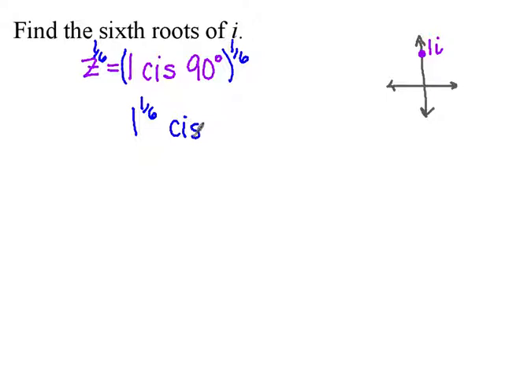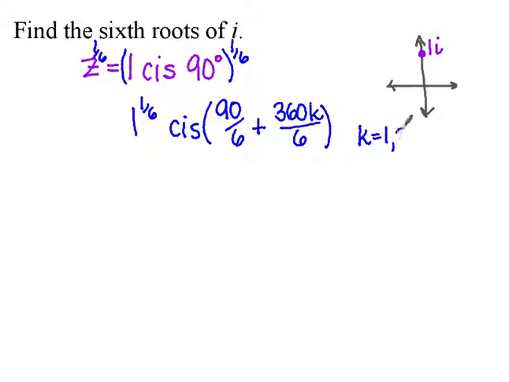What is n in this problem? 6. So I'm going to take 90 divided by 6 plus 360k divided by 6. And that's going to be for k equals 1, 2, 3, 4, 5.